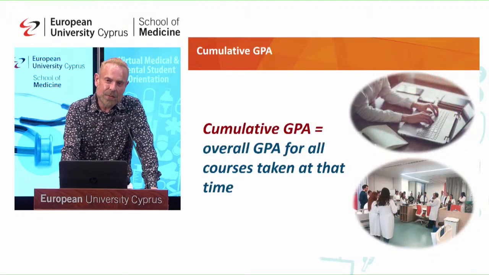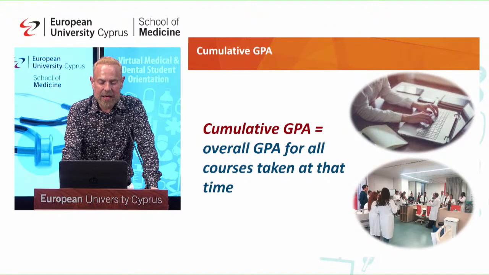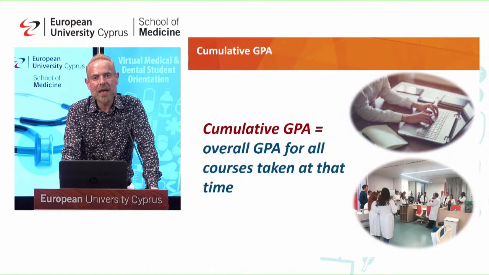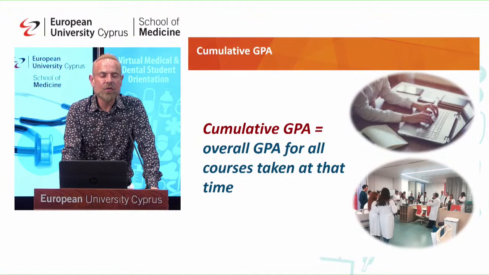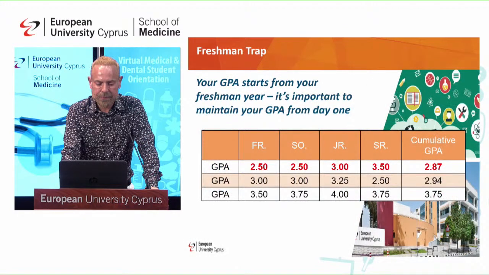The cumulative GPA is another element of academic performance, and it is the overall GPA of all the courses taken at a specific time in your studies. So the cumulative GPA changes from year to year, and your final cumulative GPA is calculated at the end of the 6th year.